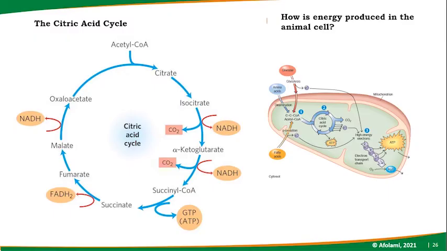Now, the third pathway is what we call the TCA cycle or citric acid cycle.